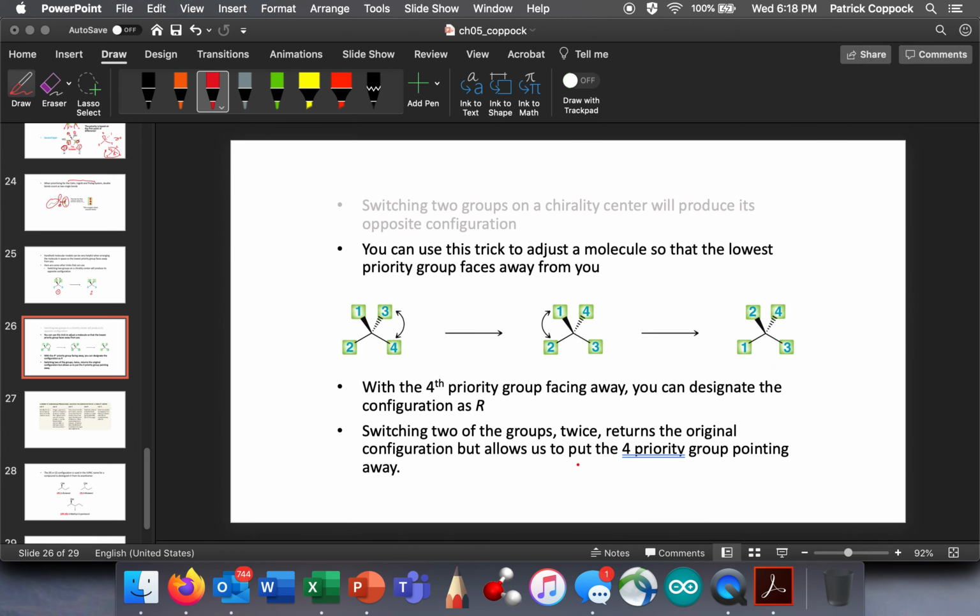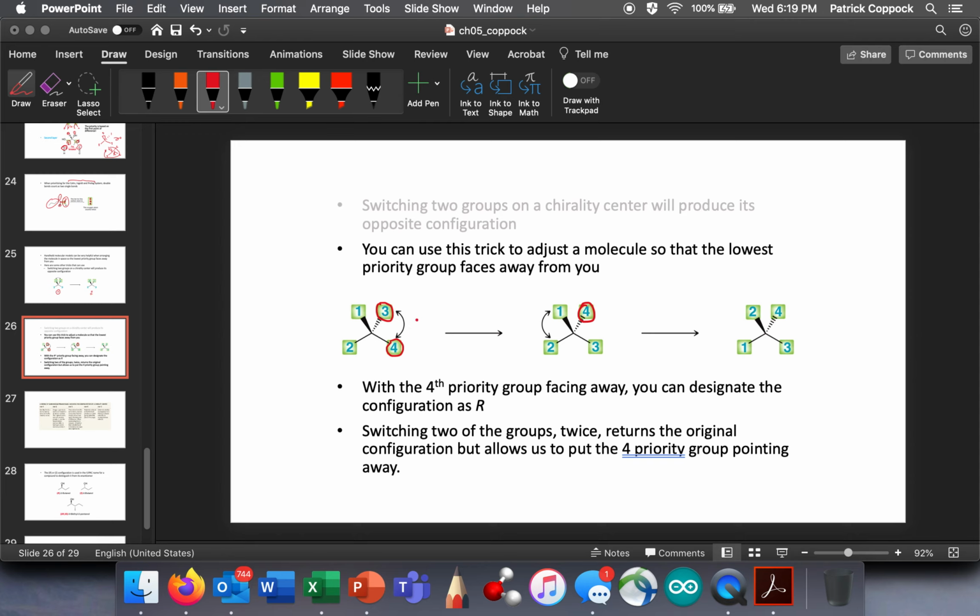So in this case, if you want to keep the orientation the same, you just make two switches. The first thing I do is put the lowest group in back and switch it with the 3, so it puts the 4 in back. Do you see that? Then I just make another switch, any switch, it doesn't matter, because any switch of two atoms is going to reverse the configuration.